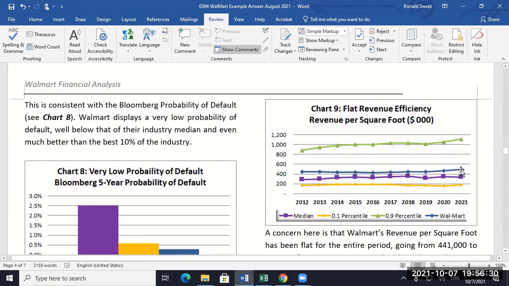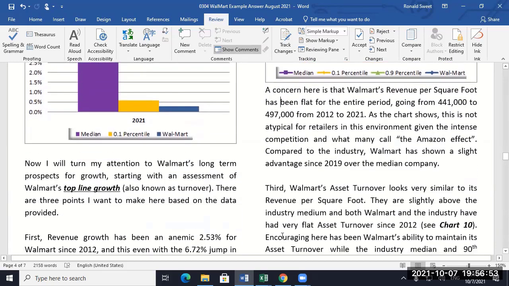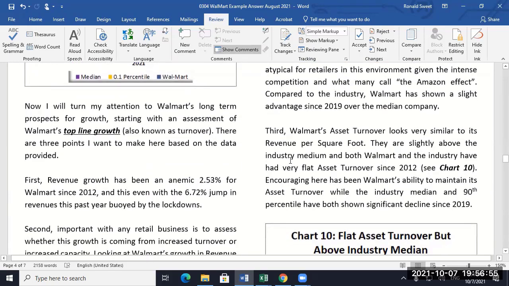Walmart's actually showing pretty good revenue per square foot the last 3 years. I don't know if it's because maybe they're doing more online sales, which obviously doesn't have any square feet to it. And you have an industry that's been very flat and even declining, and Walmart has shown some good strength, but you can't see it in this chart because the 90th percentile is so distorting it. All right, no questions on that one.